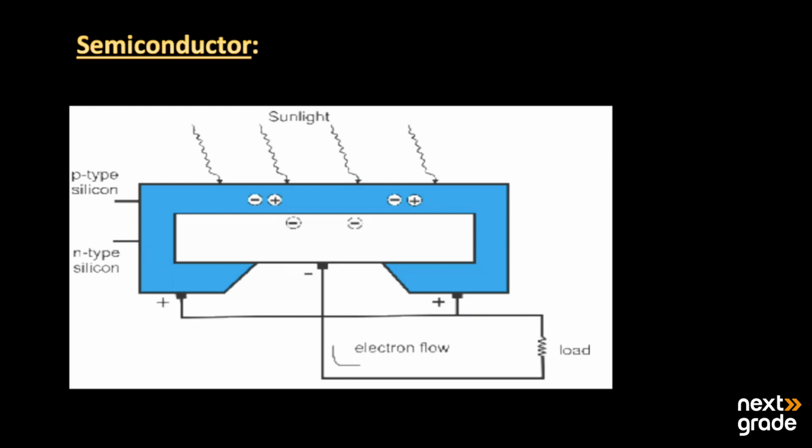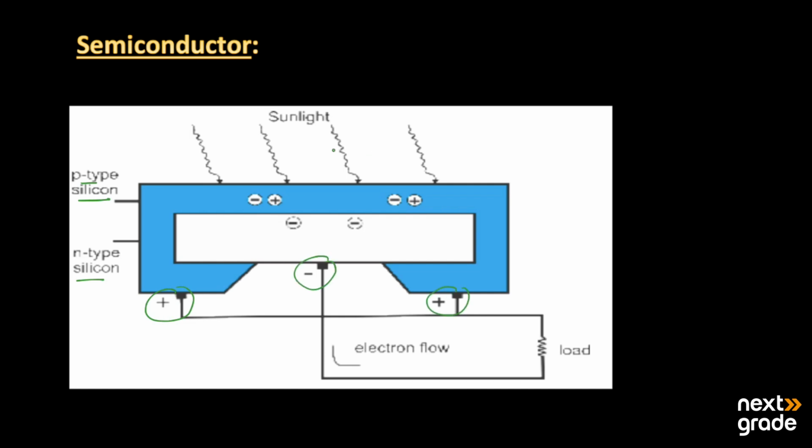This is a simple representation of a semiconductor, in which we have the silicon type of semiconductor. Here we have the p-type silicon and here we have the n-type silicon. This is the positive end of the battery and this is the negative end.